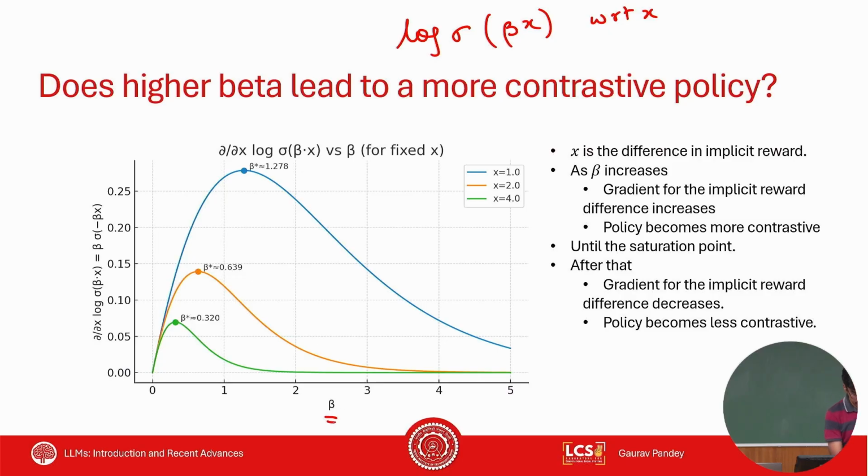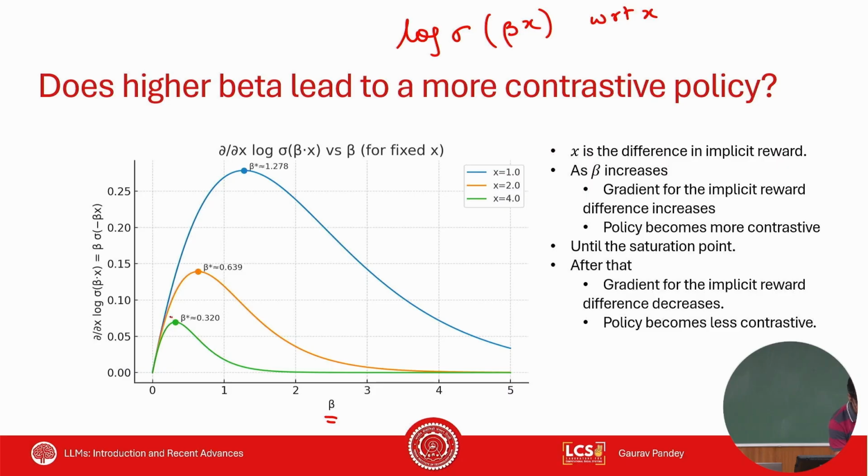So what it says is that if your beta increases, the derivative actually increases till a certain point. What does that mean? Think of x as the implicit reward difference that we care about. As your beta increases, the model tries to maximize the difference between this implicit reward even more, until a point.